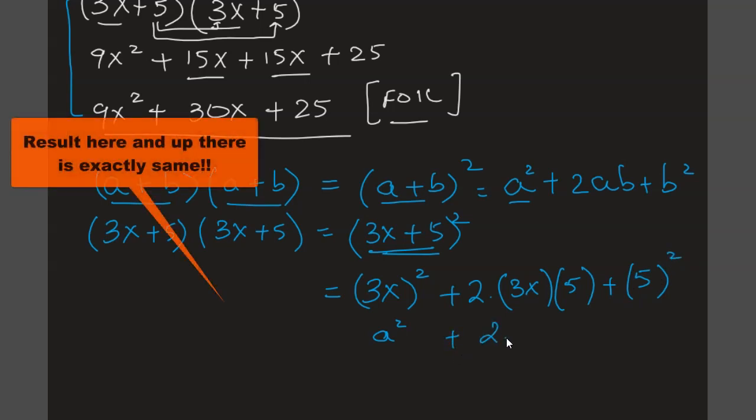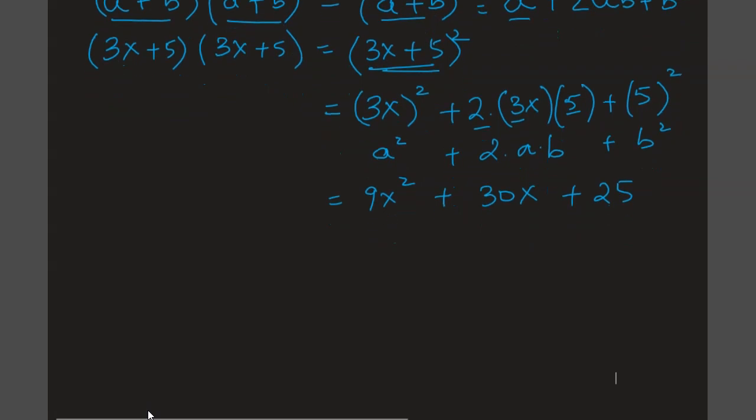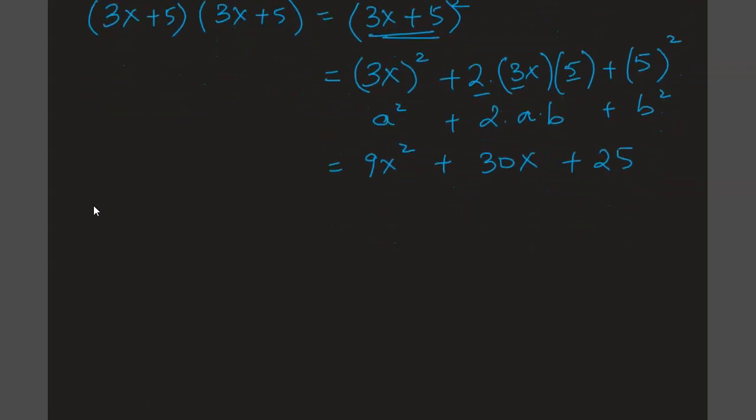So here we have 2 times a times b, and this is b squared. And the result that we get is 3 squared is 9, x squared is x squared, 2 times 3 is 6, 6 times 5 is 30. We have 30x plus 25. So you see this one was so easy.